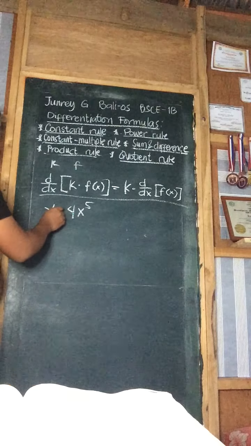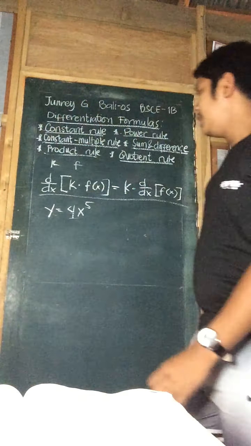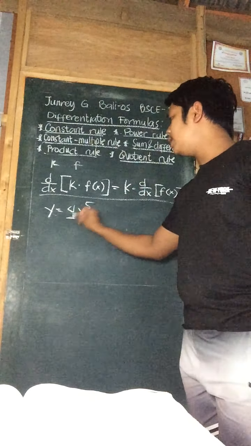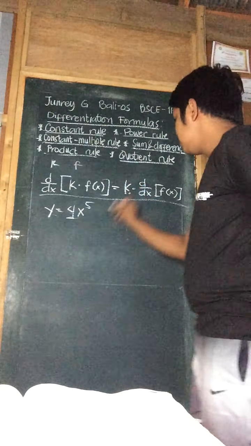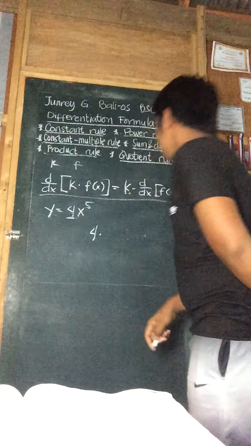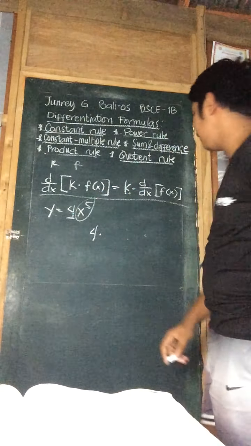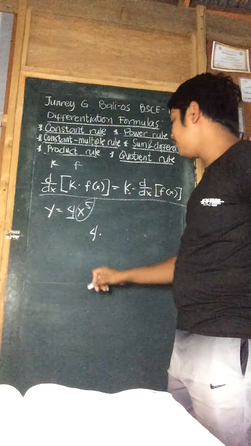So we need to find the derivative of this one. So simply, 4 is constant here. Then this is the value of letter k, which is the constant. Then just substitute here 4 times the f of x here, which is this x raised to 5. So we'll find the derivative of x raised to 5.